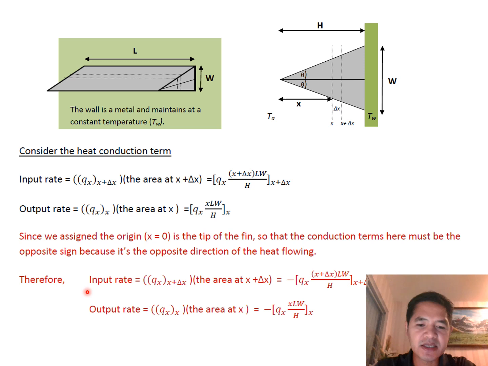The input rate keeps the same, but we have to add the minus sign here. The output is also the same, we add the minus sign here. So now we get the input rate and the output rate of the heat conduction term. Now we can start to formulate the temperature profile.